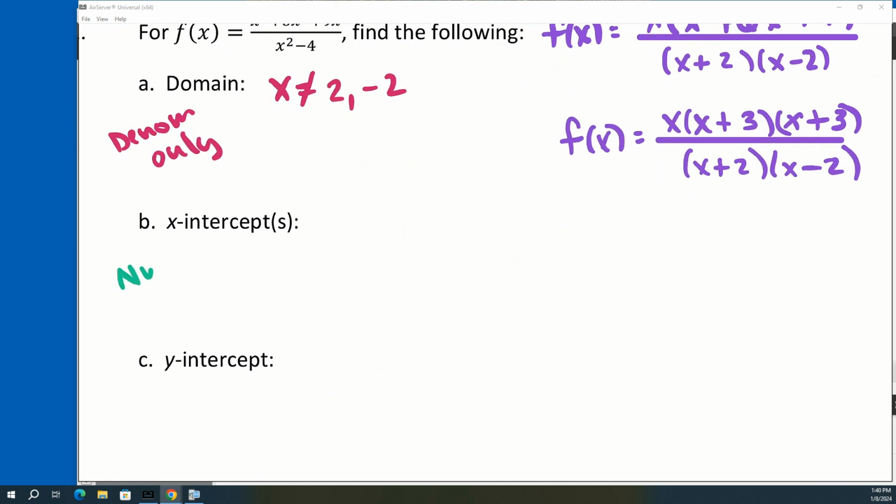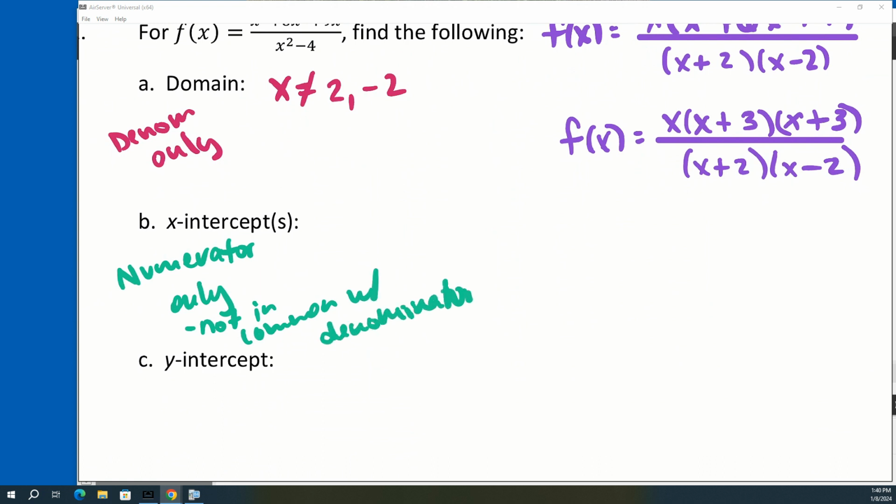So when we're doing x-intercepts, we're talking about numerator only. And it's still not in common, but that's fine. So you can have multiple x-intercepts. This one has 2 x-intercepts.